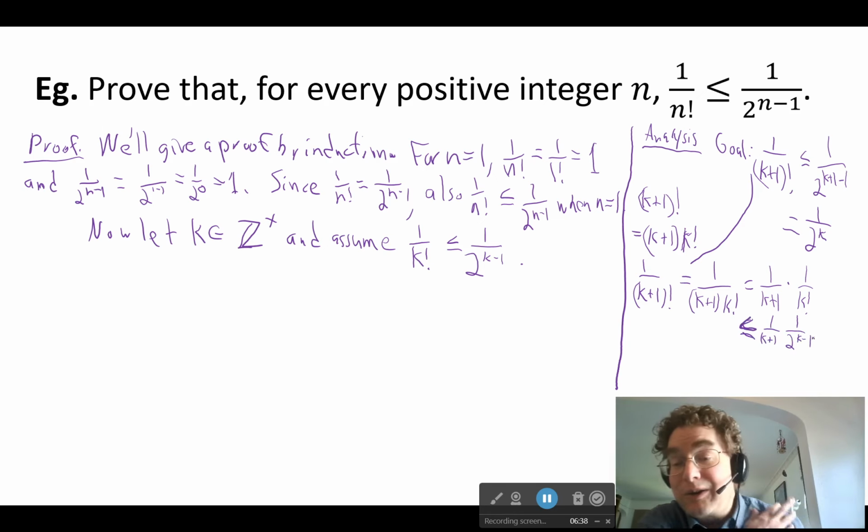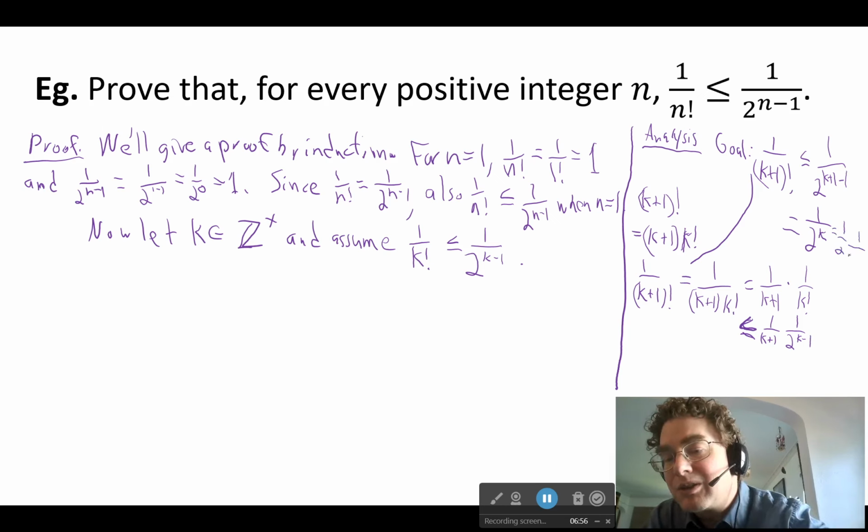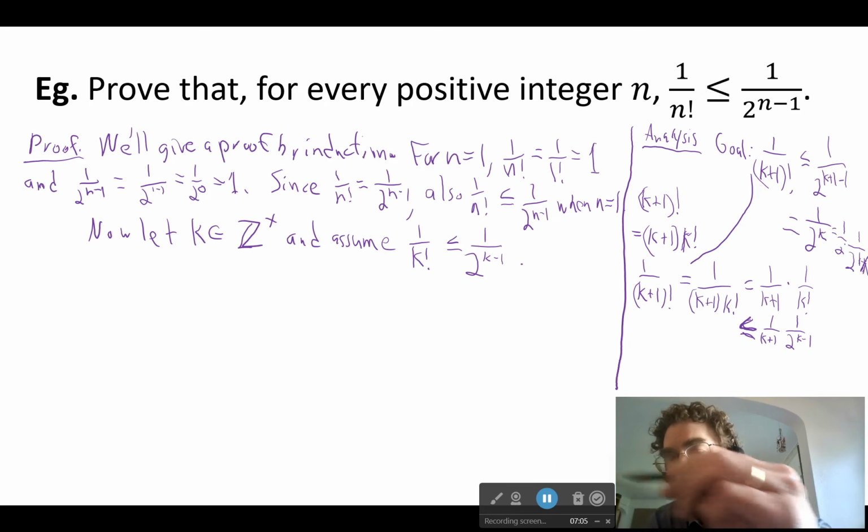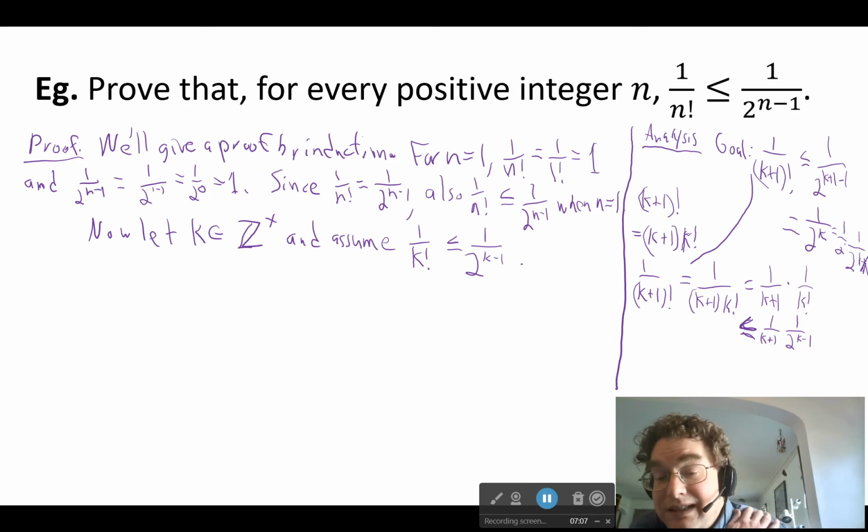Okay, so we are starting to get there. And if I look at my right-hand side as well, 1 over 2 to the k, I could also write that as 1 over 2 times 1 over 2 to the k minus 1, and yeah, that's not quite going to fit.